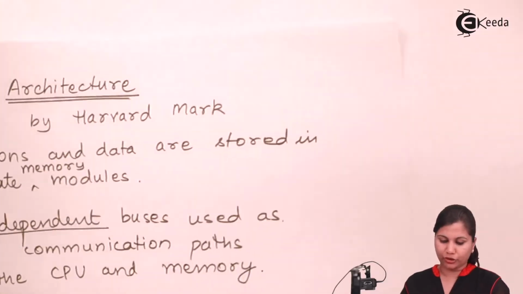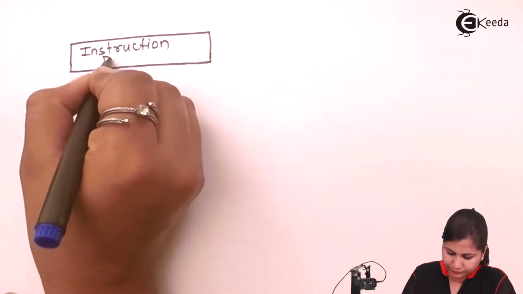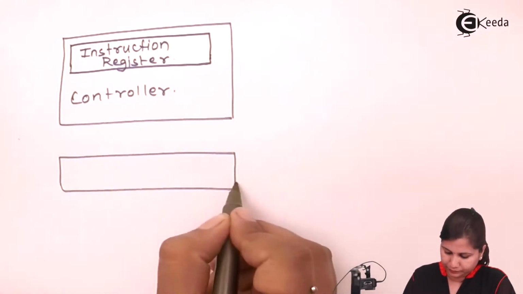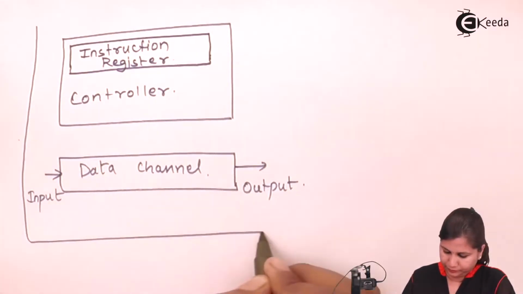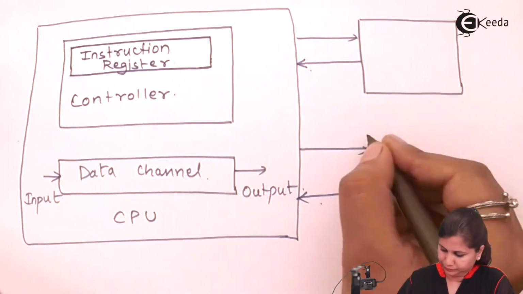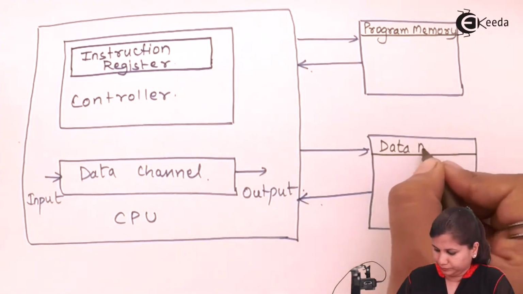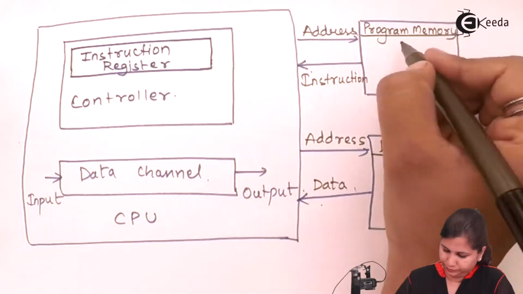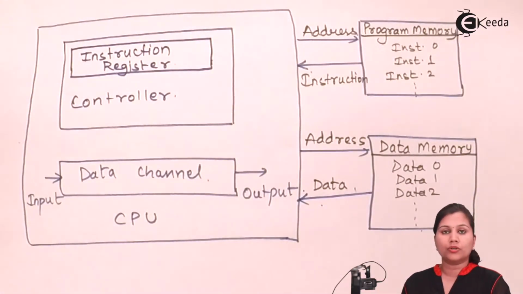So if we see the Harvard architecture, if we see its diagram, so this is the Harvard architecture.